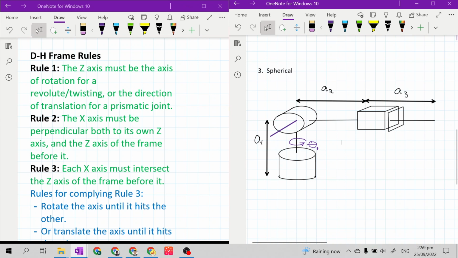This broken line projects the axis of rotation for our revolute joint. So let's erase some parts. Okay.